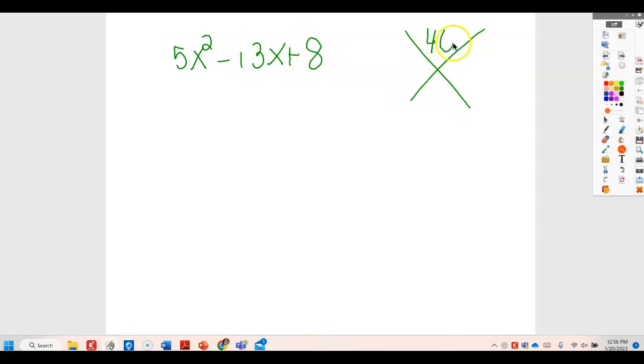My top number is positive, but my bottom number is negative. If my top is positive and my bottom is negative, both factors have to be negative, because the only way to get a positive up top but add 2 numbers together is for both numbers to be negative.